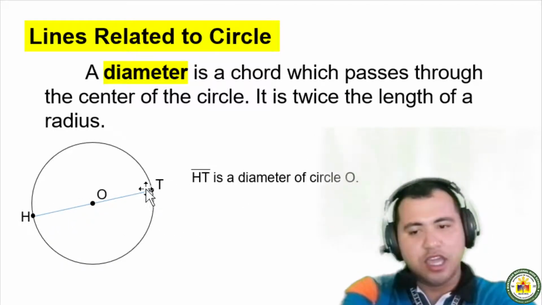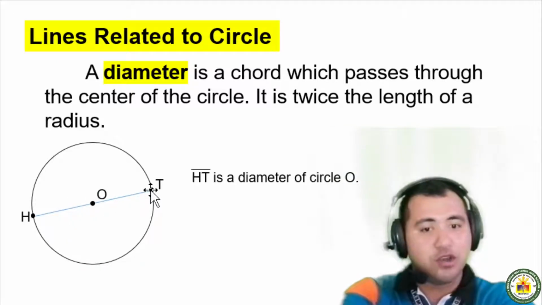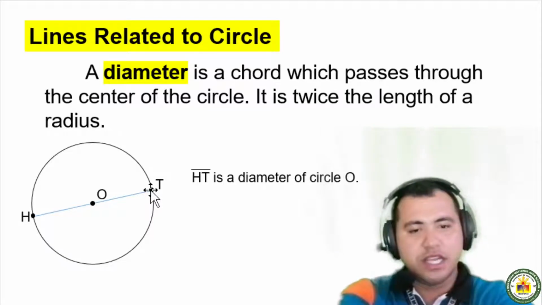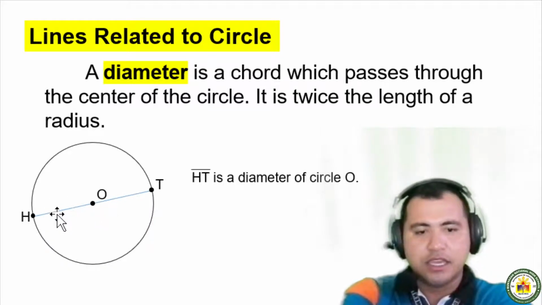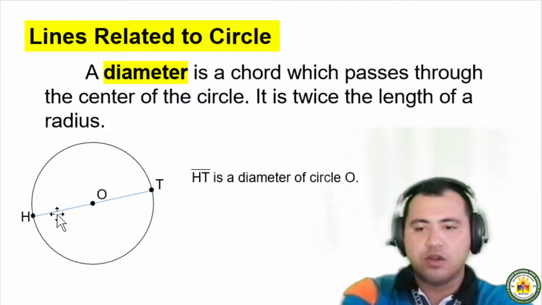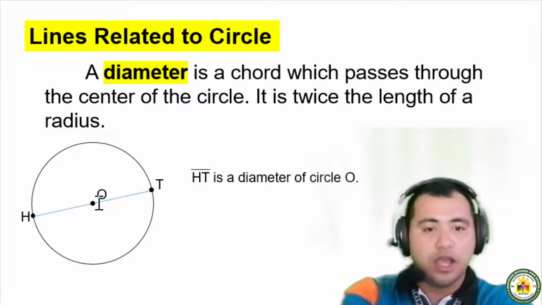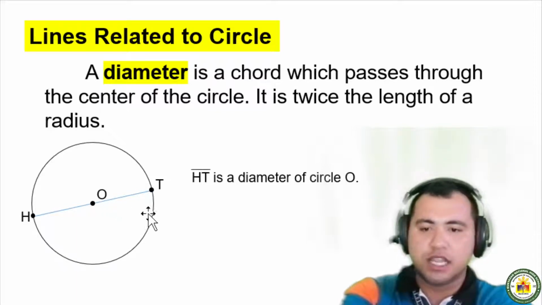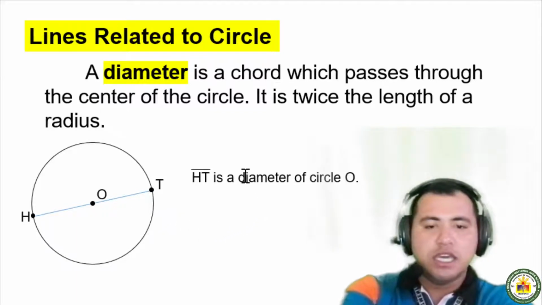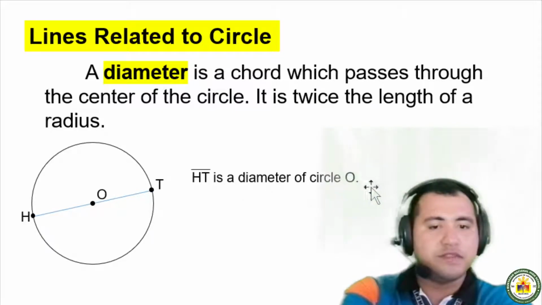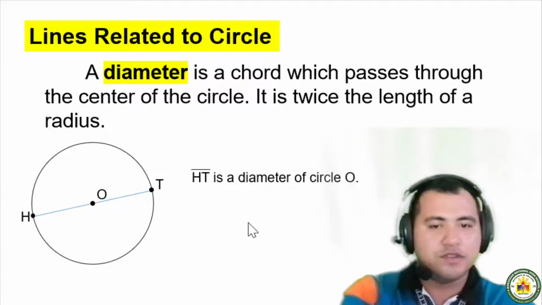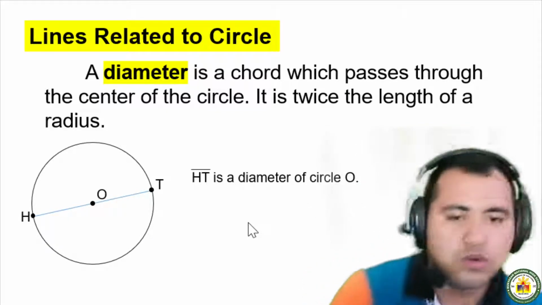HT has its endpoints on the circle, so we can consider it a chord. But it is a special chord because it passes through the middle. It passes through the center of the circle. That's why segment HT is a diameter of circle O.